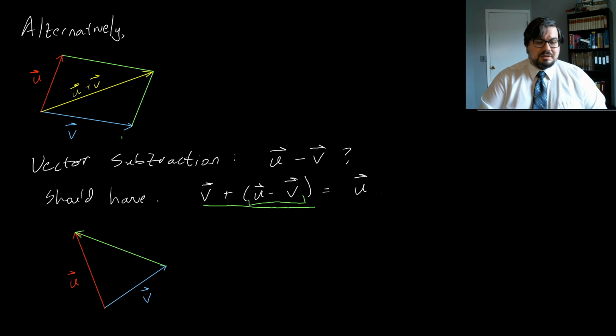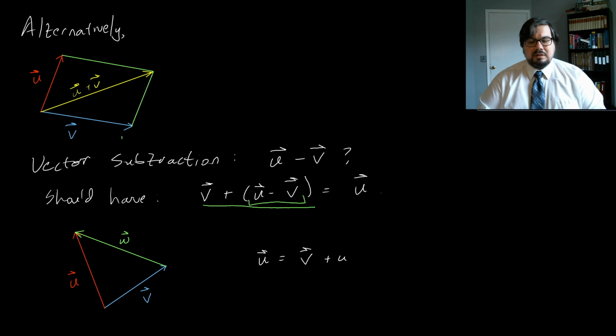Well, consider this green vector right here. Whatever this green vector is, let me call it w for the moment, we definitely have that u is equal to v plus w. But that means that this w here is playing exactly the role that we want u minus v to solve. So that means that w should equal u minus v.